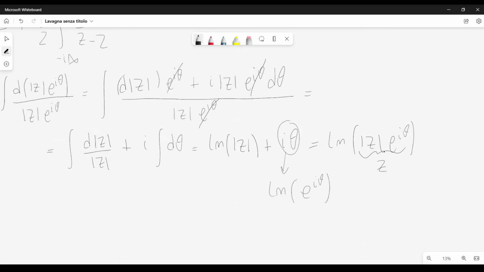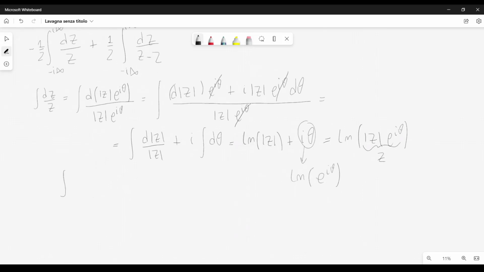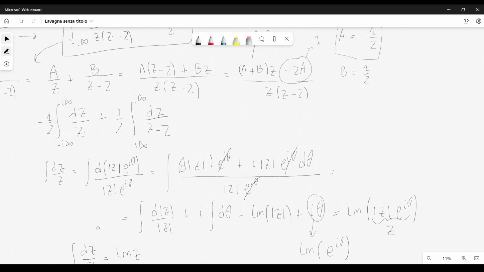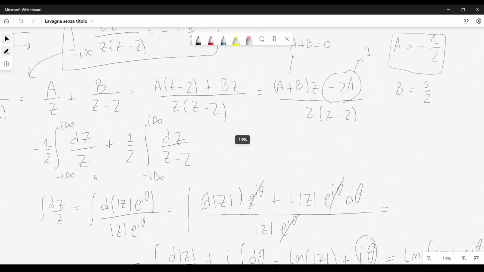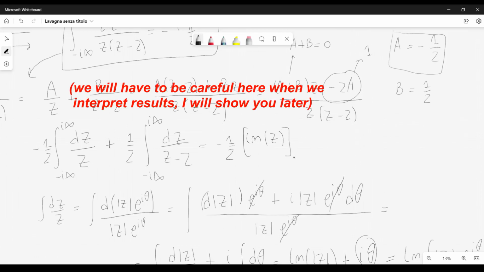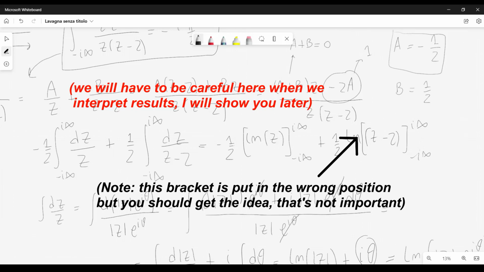So you can see that we can rewrite the integral of dz over z as the logarithm of z plus some constant if you want. But I'm not interested in the constant. We don't need that when we have definite integrals. So this will give me minus 1/2 logarithm of z evaluated between minus i infinity to i infinity plus 1/2 logarithm of z minus 2 evaluated between minus i infinity to i infinity.